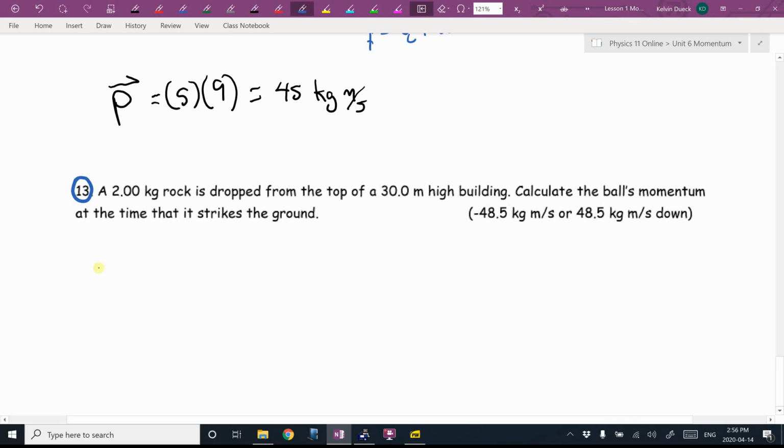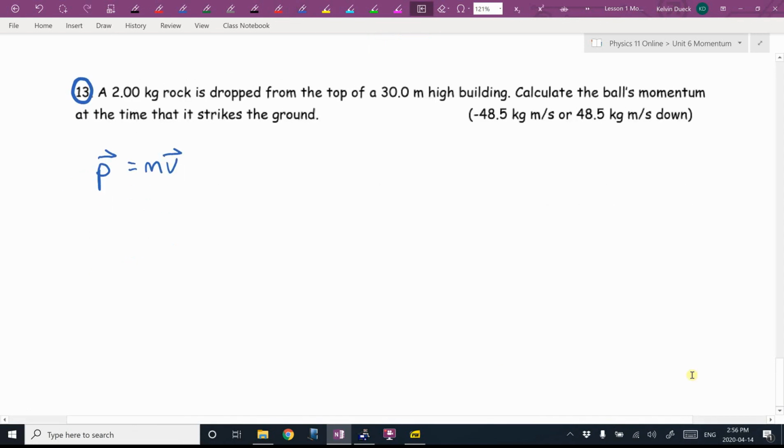So my first thought was, again, to go momentum equals mass times velocity. And again, I came to a screeching halt. I said, you know what? Even though this is technically asking me to find the momentum, I'm going to spend most of my time finding velocity. Well, dropped.